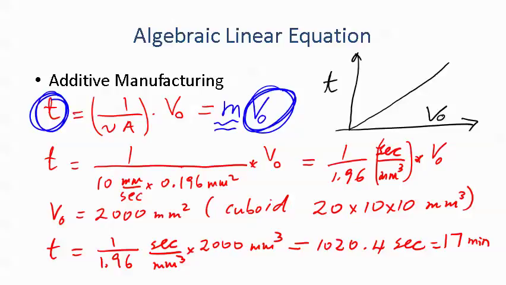And the slope of this line given by the variable m, which is 1 over 1.96. So this equation can now be used to find the time given the volume of an object to be printed.